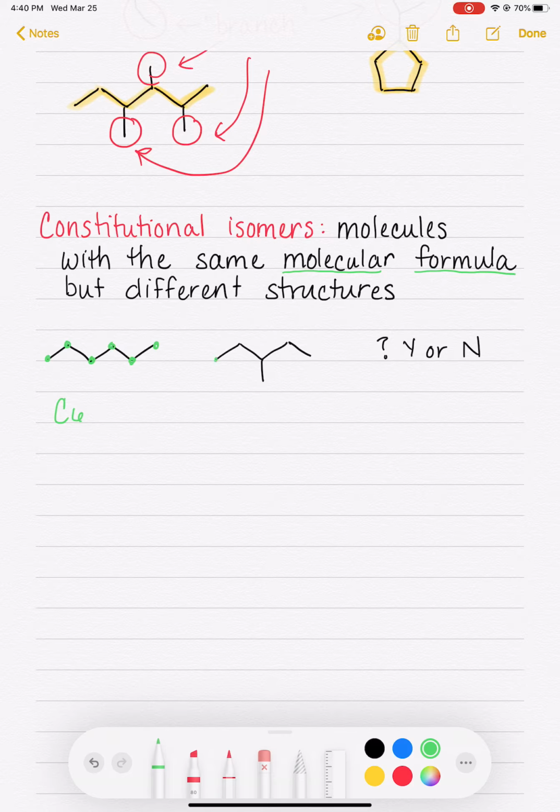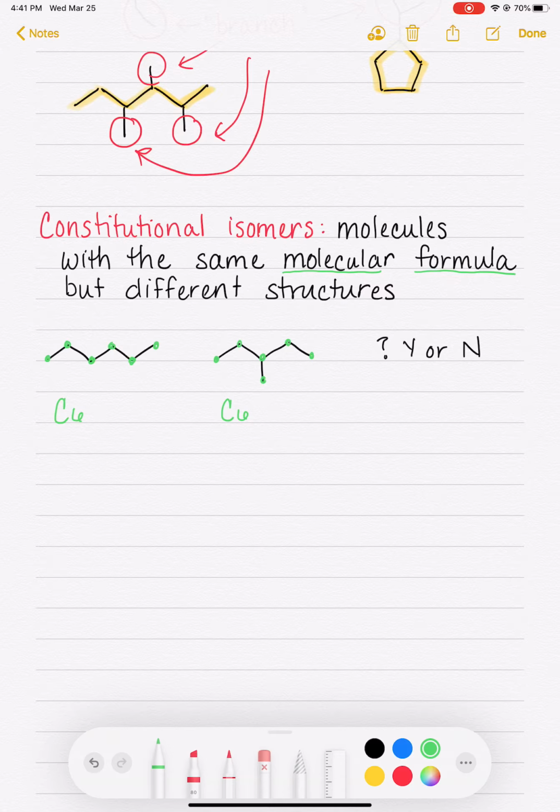Let's go to our second molecule. 1, 2, 3, 4, 5, 6 carbons. It also has 6 carbons. So the reason that I start with counting carbons is that if the two molecules have a different number of carbon atoms, they're not going to have the same molecular formula, and right away we know that they're not constitutional isomers. So we don't need to go through the trouble of figuring out how many hydrogens they actually have.